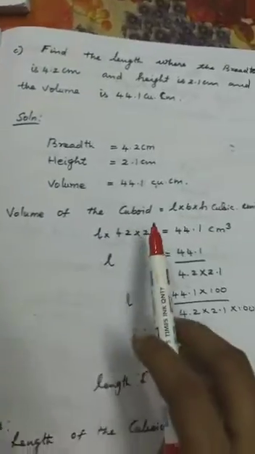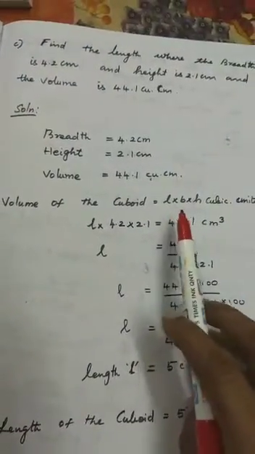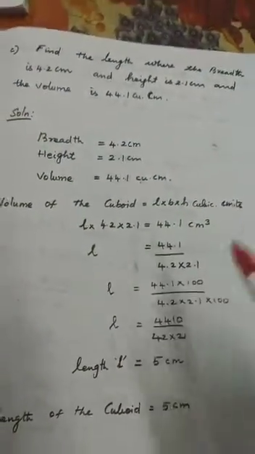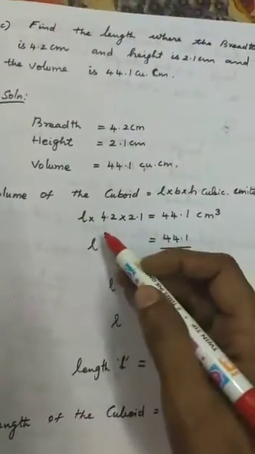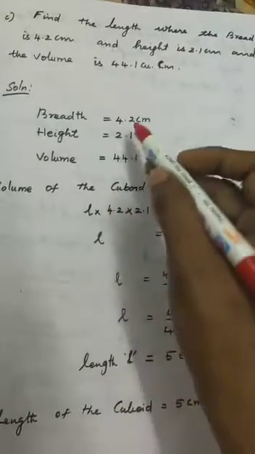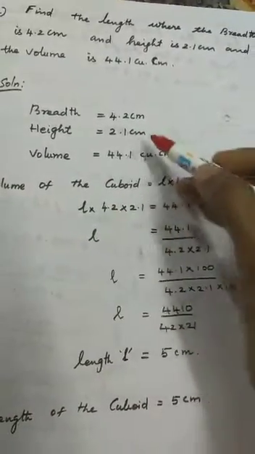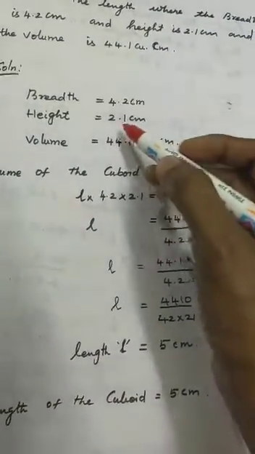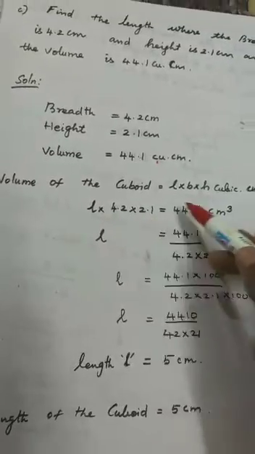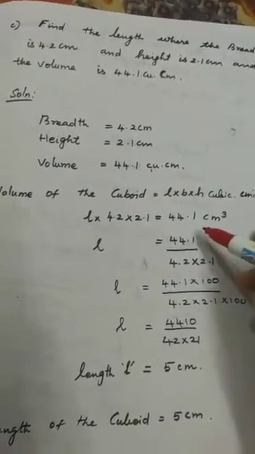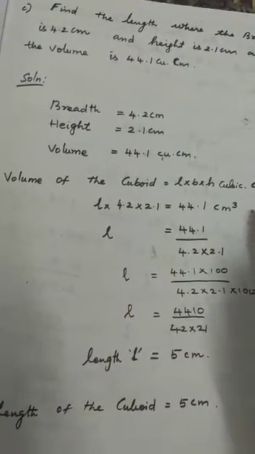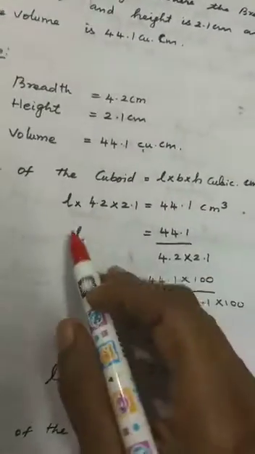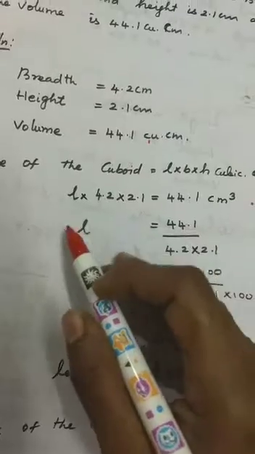So the volume of the cuboid is equal to L into B into H cubic units. So we don't know L, keep L. Then substitute B as 4.2 centimeter and H as 2.1 centimeter. Then the volume is 44.1 centimeter cube. Okay. Now you keep L here. We have to find the value of L, no?